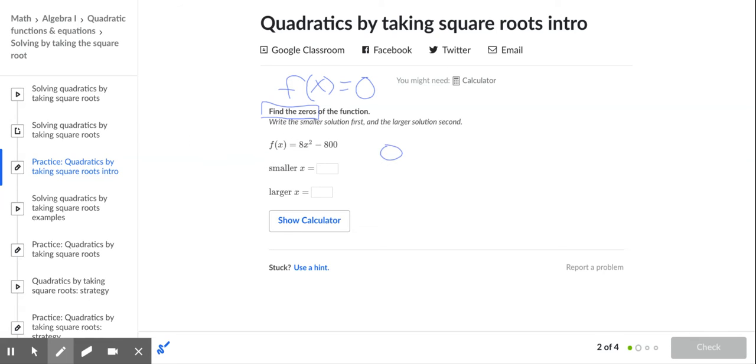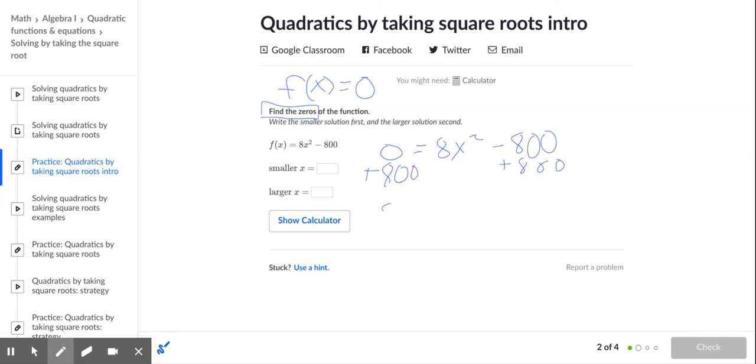So I'm going to say 0 equals 8x squared minus 800. And then I have to get the x squared by itself, just like I did in the last question. So I'm going to add 800 to both sides. Remember, we're solving just like normal up until the part where we take the square root.